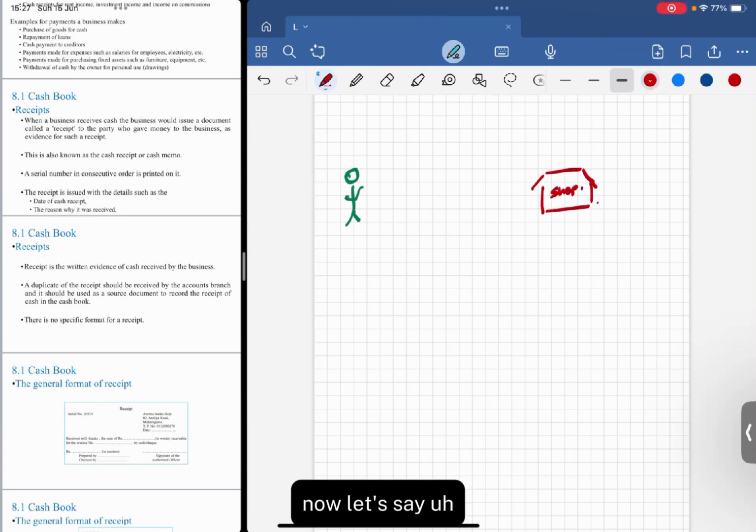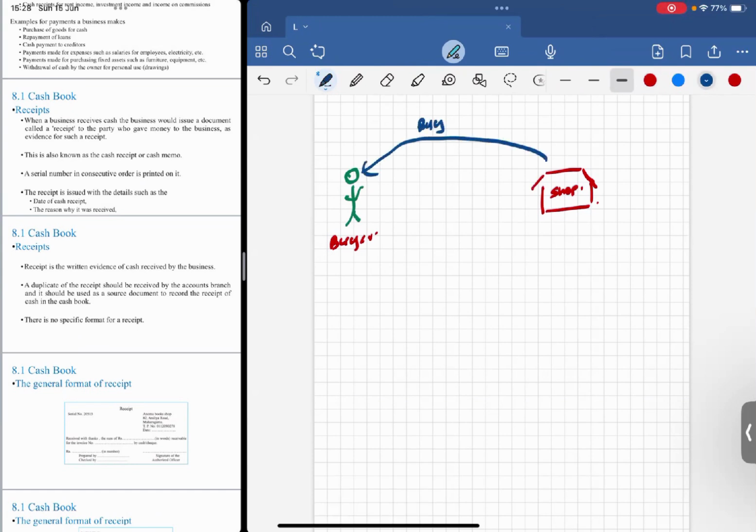Now let's say this person, who is a buyer. This buyer buys goods.